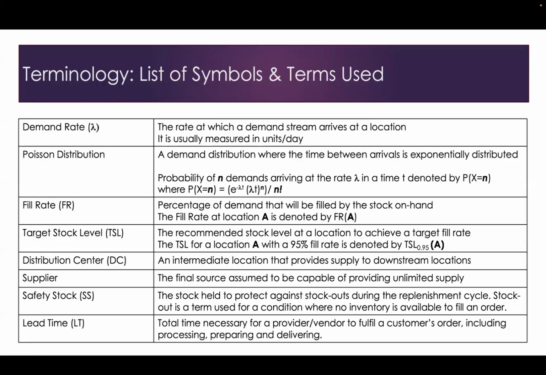There's also this concept of safety stock. Safety stock is stock that we hold because even though you expect a certain amount of demand, it's to deal with the variability in demand, etc. It's stock that you hold to prevent stockouts or unexpected variations during your replenishment cycle. A stockout is a term you use when no inventory is available to fill an order.